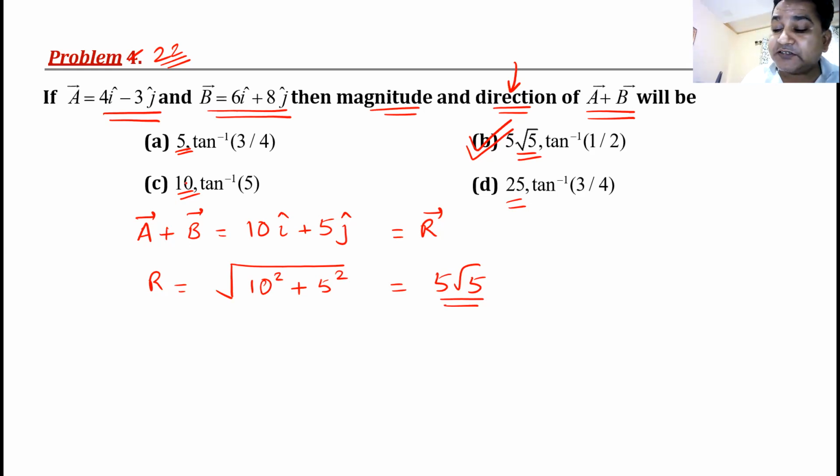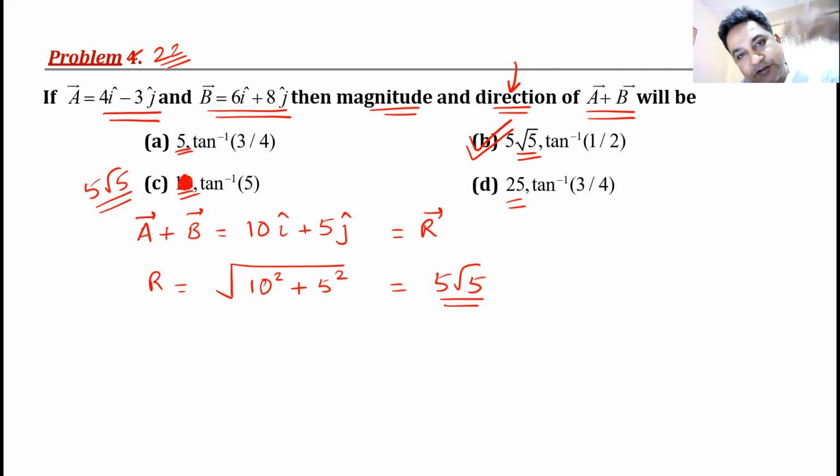If it had two options, for example, if option C also had 5 root 5, then, since you have two options with 5 root 5, you find out the direction. Let us find out the direction here also. Tan theta from the x-axis would be equal to 5 divided by 10.